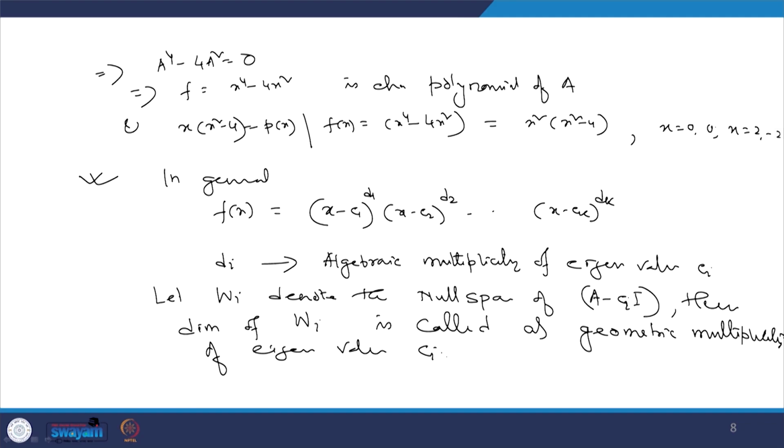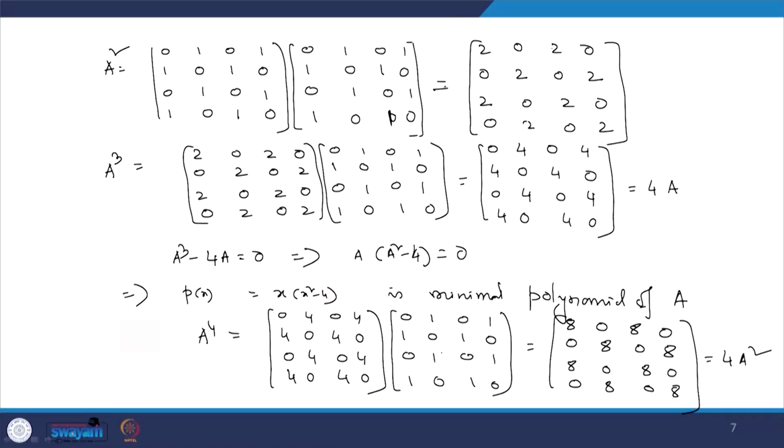So, in this example x equal to 2 and minus 2 have geometric multiplicity 1, but what about the geometric multiplicity of x equal to 0? In that case I have to calculate the rank of this matrix here, because x equal to 0. I can see here A is equal to the matrix 0 1 0 1.